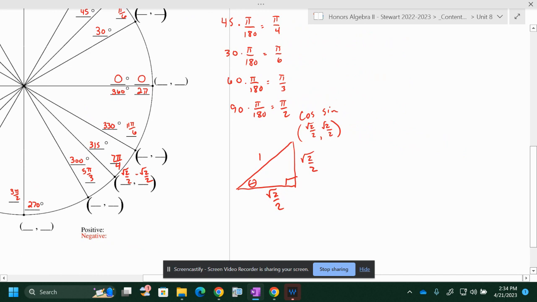Okay. So then we're going with the 30-degree angle. If the hypotenuse is 1, this is going to be 1/2, and this is going to be square root 3 over 2. So that means my first point is square root of 3 over 2, comma 1/2.